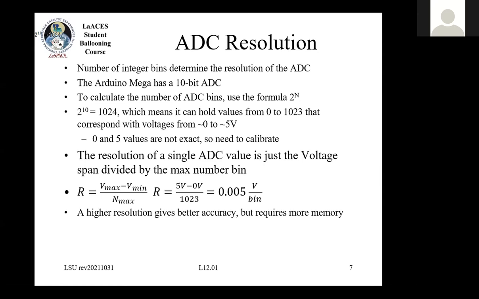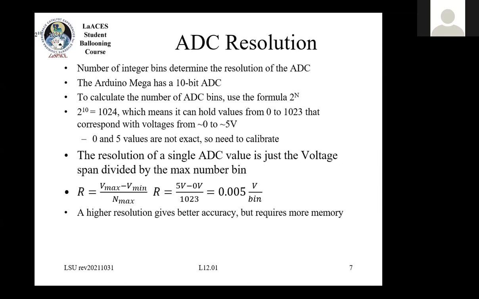And each one of those is going to correspond with a particular small range of voltages. In particular, the 0 is going to be about 0 volts, and the 1023 is going to be about 5 volts. But one thing that is important to know is those are not exact.